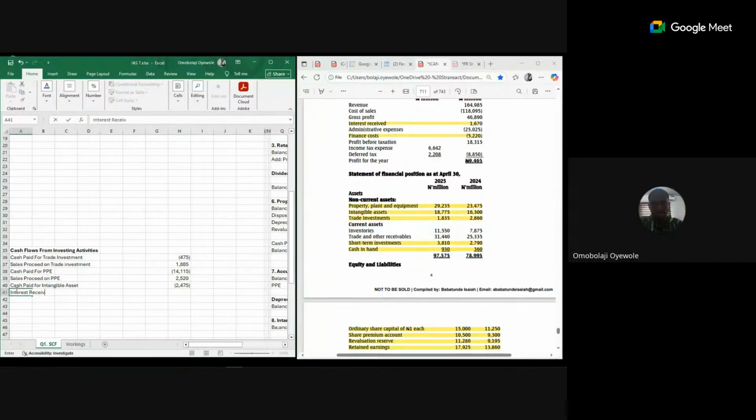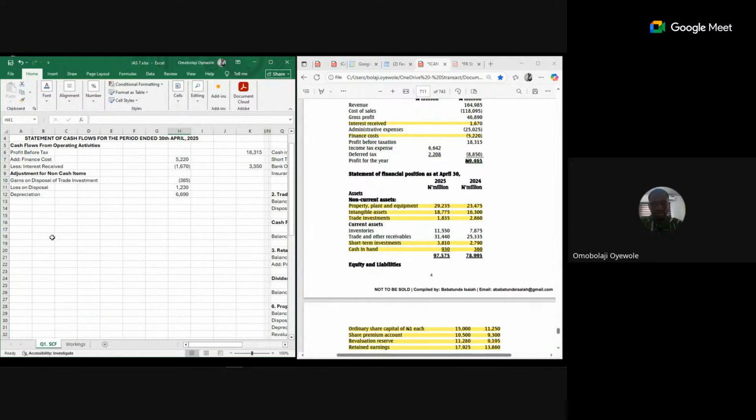Interest received means that the total interest income that we earn for the period we have already received it. You understand? Yes, I do.